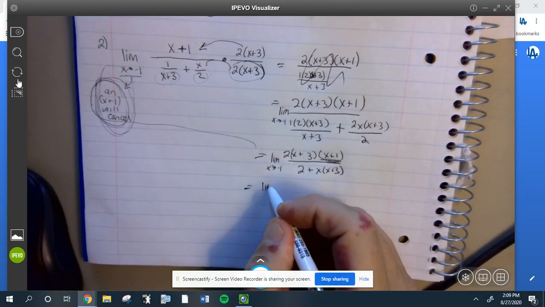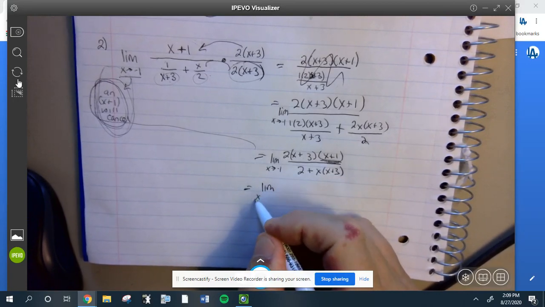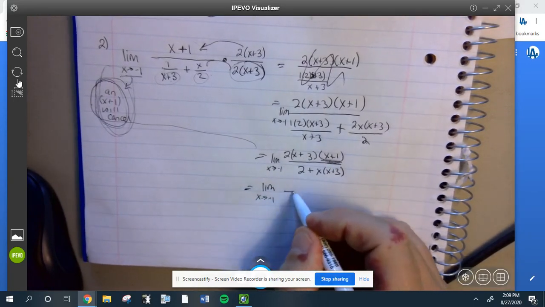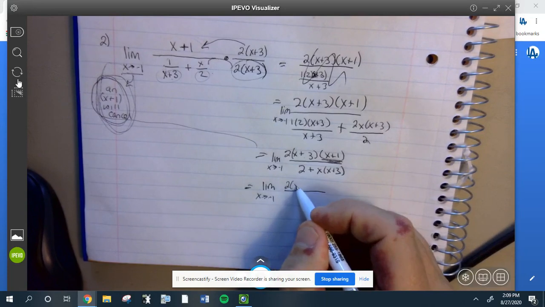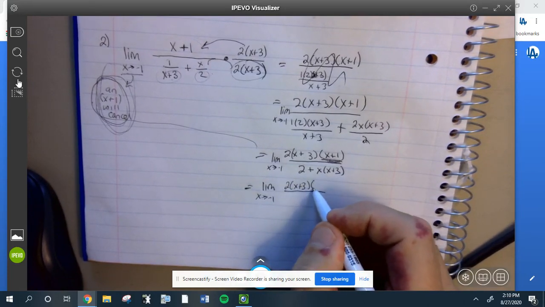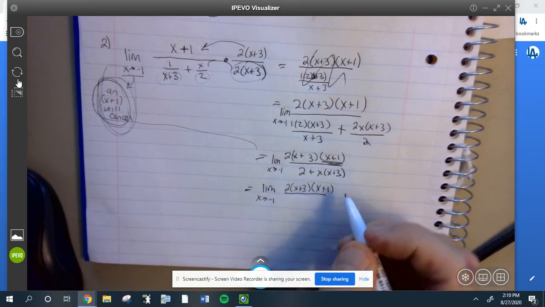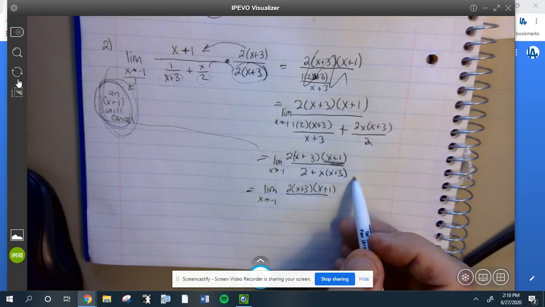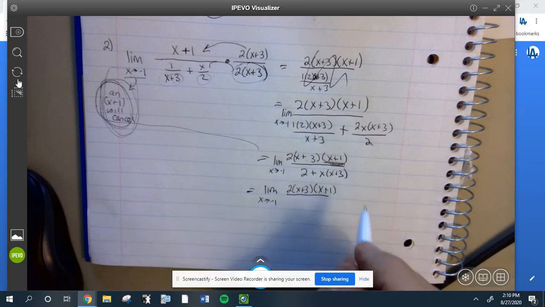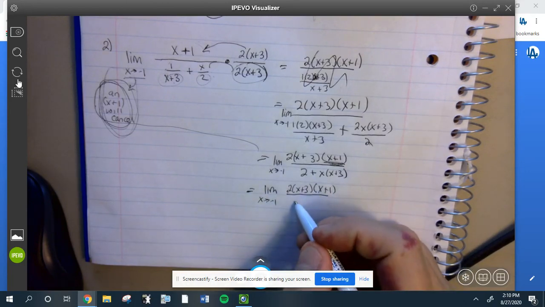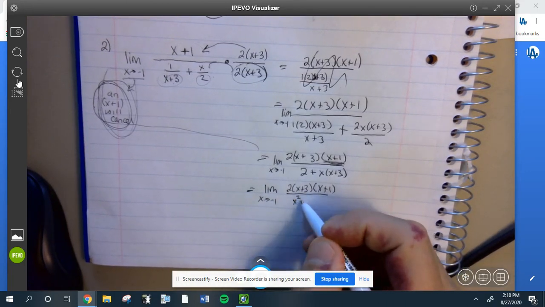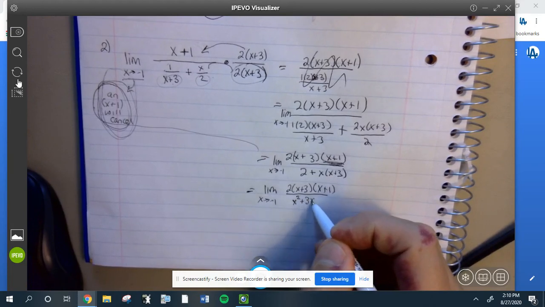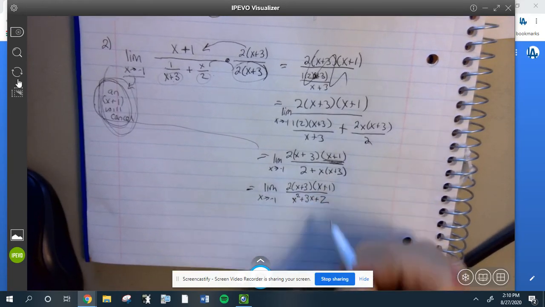The limit as x goes to negative 1 of 2 times x plus 3 times x plus 1 over 2 times x squared plus 3x. So I'm going to reorder that like a regular quadratic. We have x squared plus 3x plus 2.